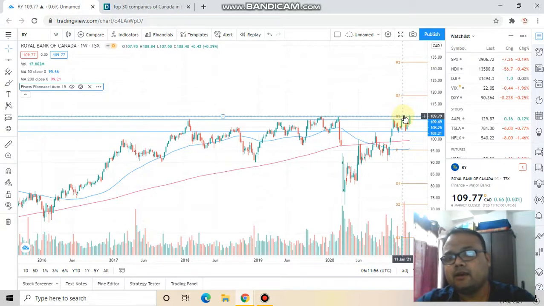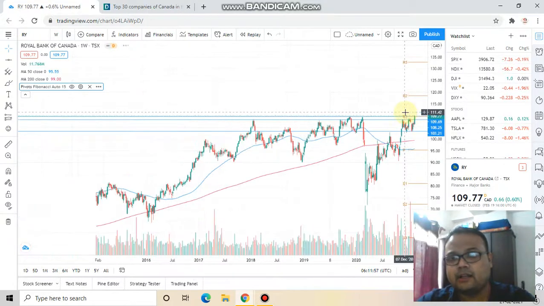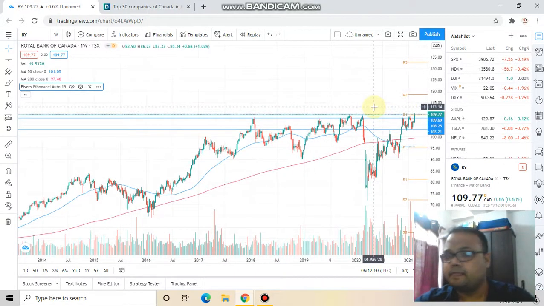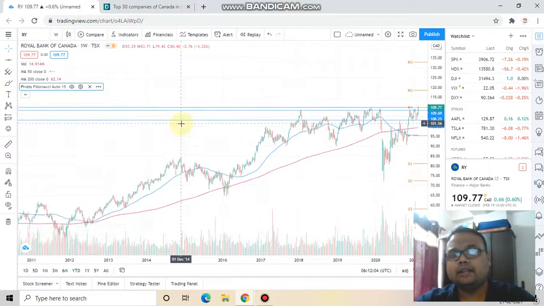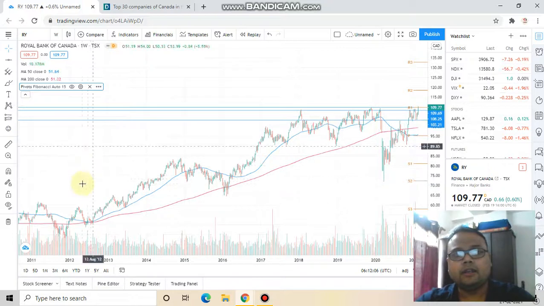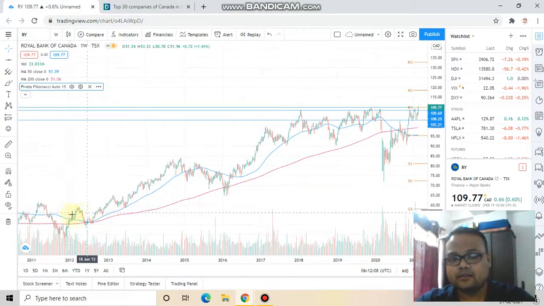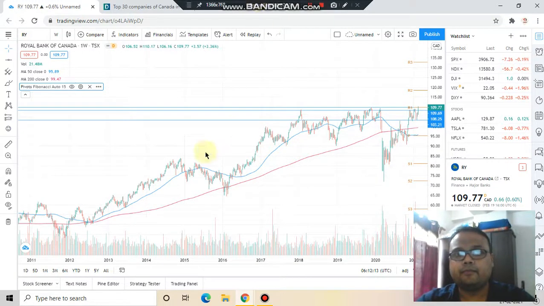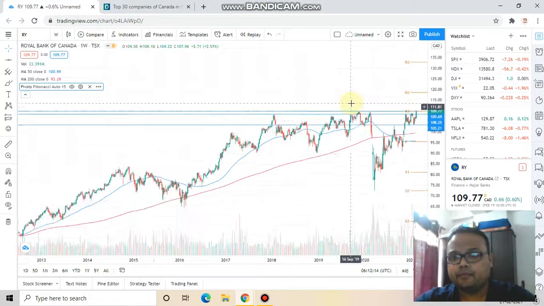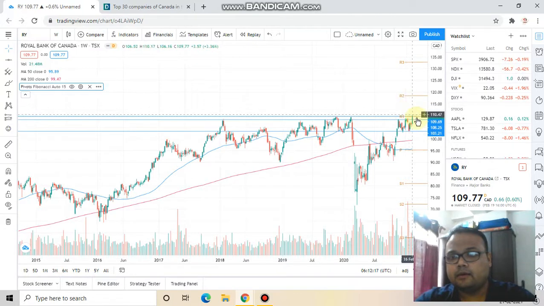If it breaks this particular level, then it's a thumbs up. Because if we look at the trend of the stock in the weekly chart, the trend is very nice, kind of smooth. But it may reverse from here.